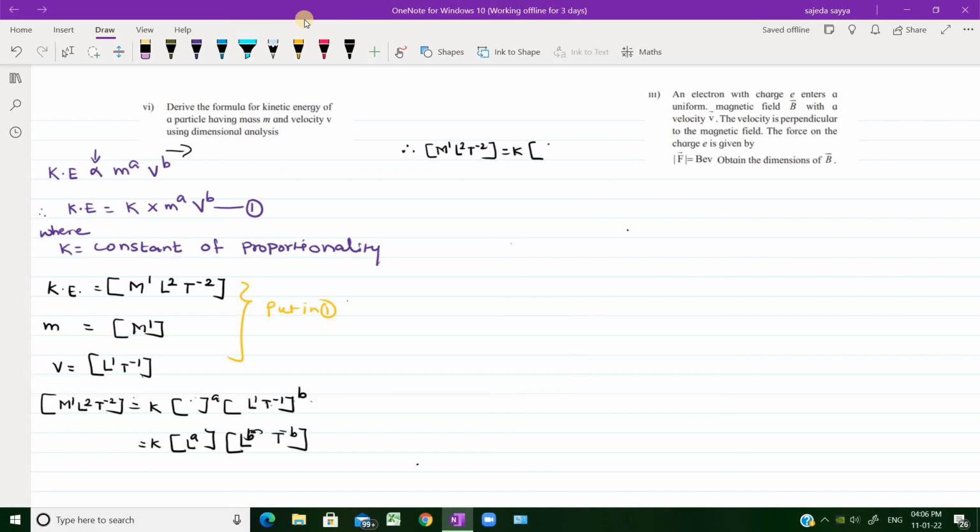This is a mass term. So let us write this.